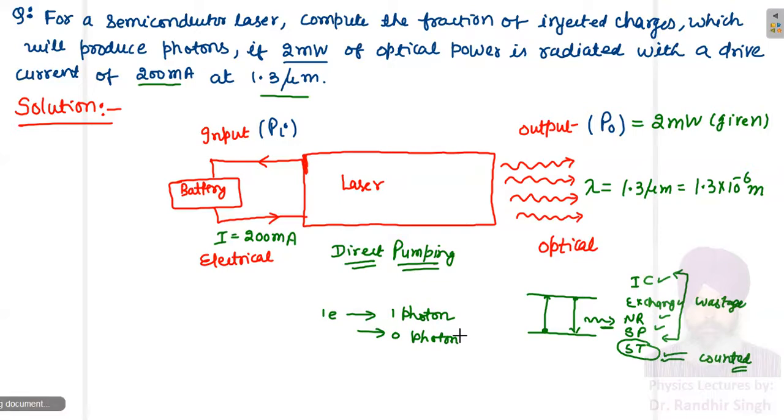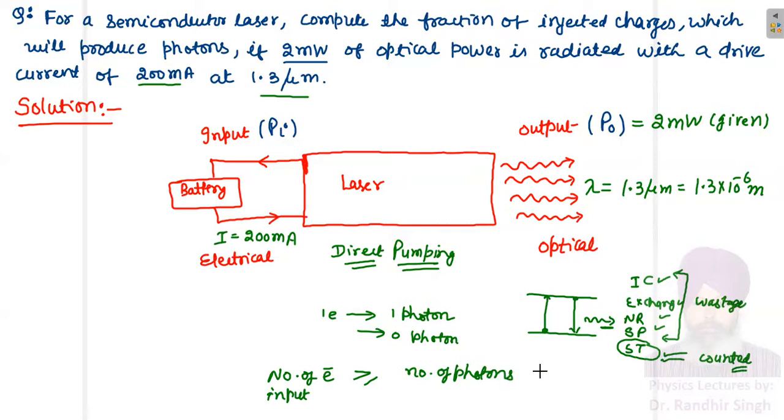So you can easily understand that the number of electrons input to the laser will always be greater than or equal to the number of photons emitted.